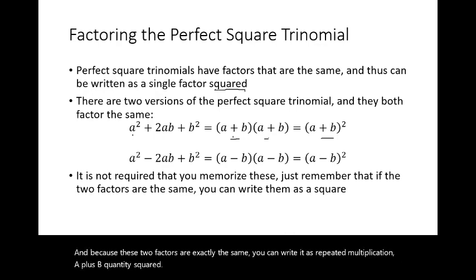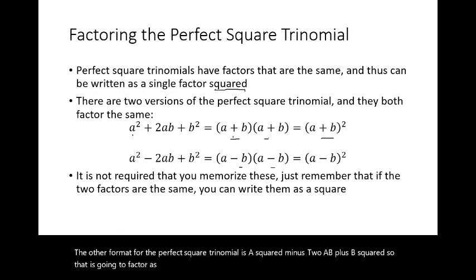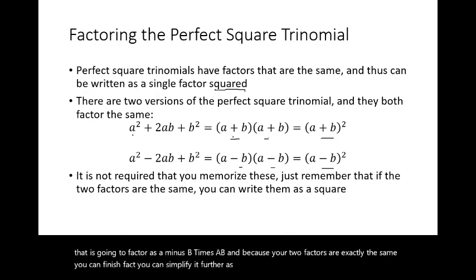Now the other format for the perfect square trinomial is a squared minus 2ab plus b squared. So that is going to factor as a minus b times a minus b, and because your two factors are exactly the same, you can simplify it further as a minus b squared.